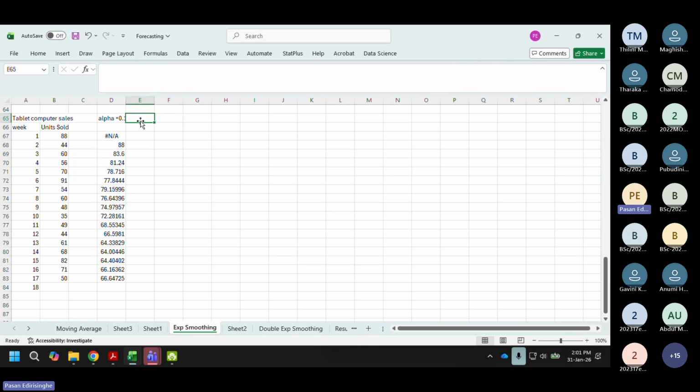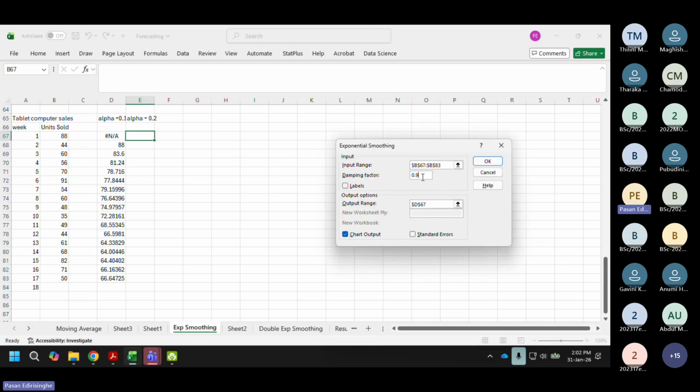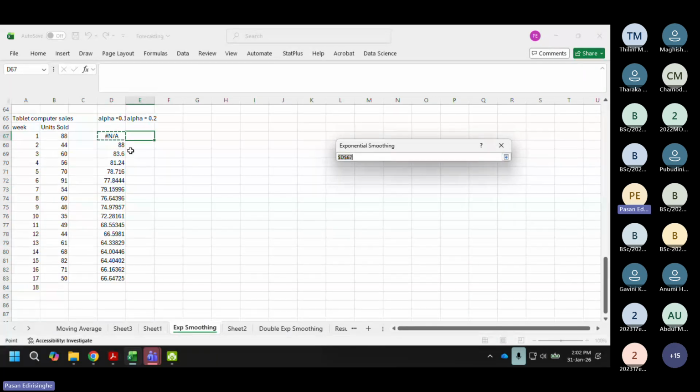And similarly, you can take the alpha equals 0.2, so you can use that 0.8 here, and the range I can change over here.